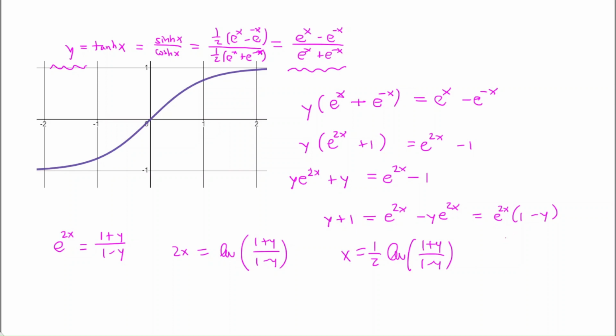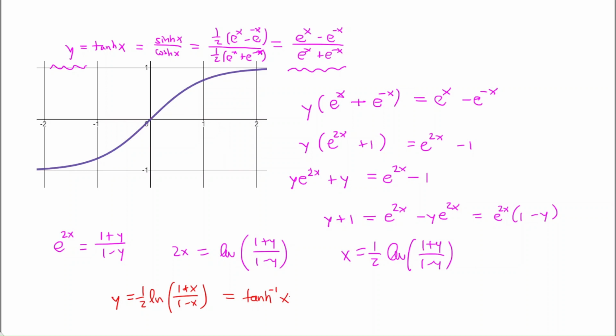Now I can swap the x and y and write y equals 1/2 natural log, 1 plus x on top, 1 minus x on the bottom. This should be the same thing as our inverse hyperbolic tangent function.